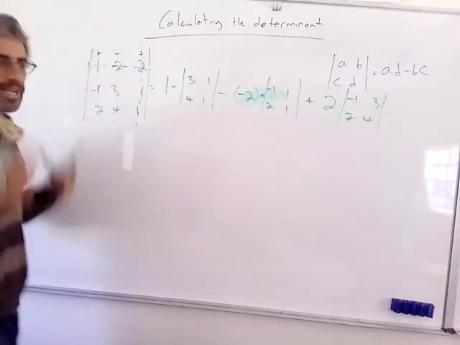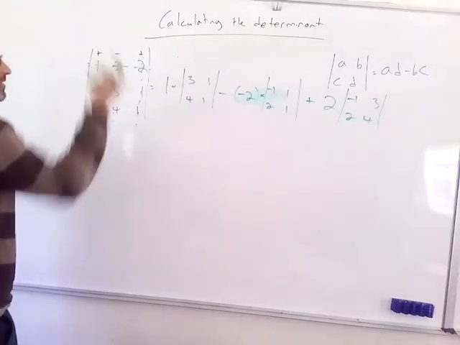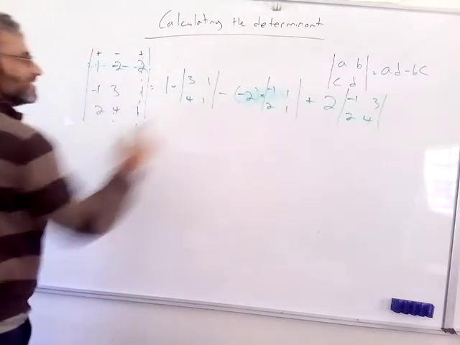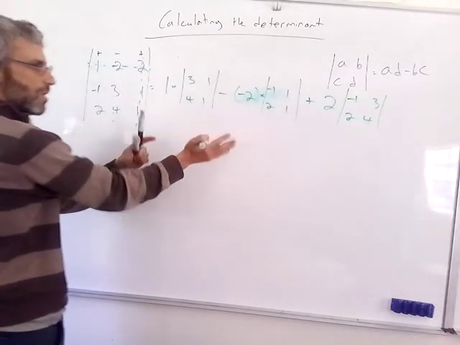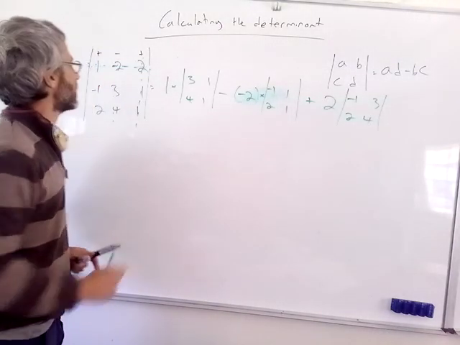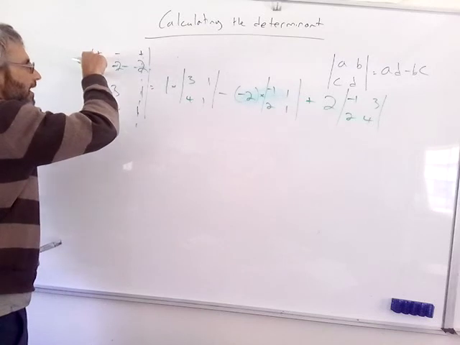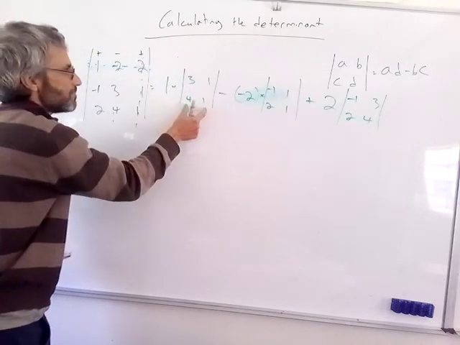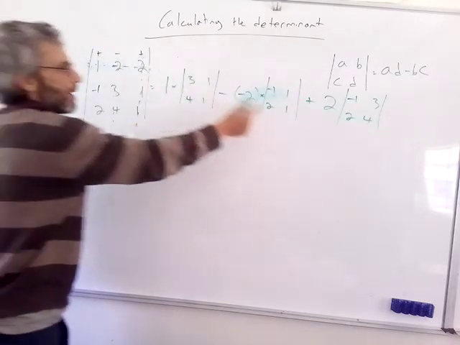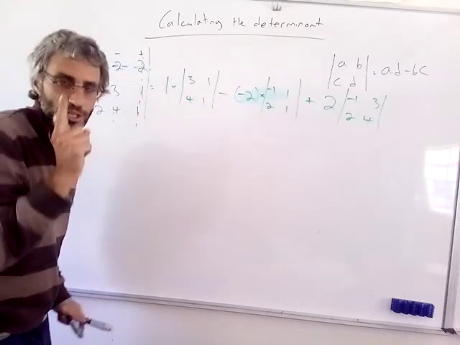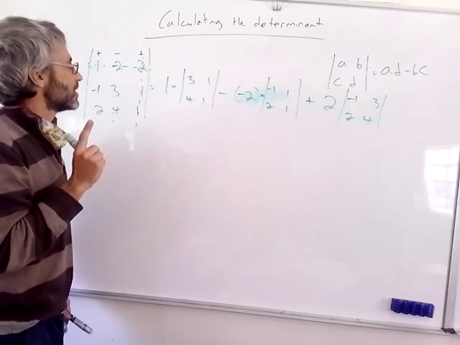And that's it. Well, not completely. I still need to calculate the determinant, but in theory, now I've got the full calculation. So I'm multiplying an element by its minor, paying attention that I need to use the right sign.